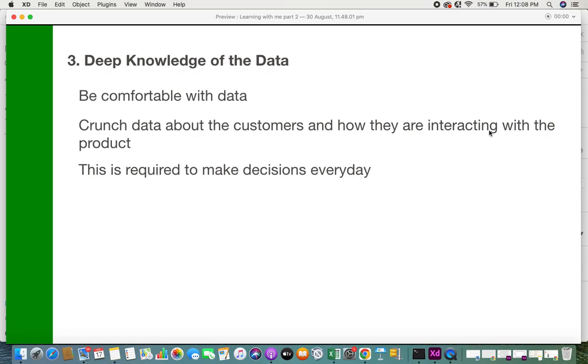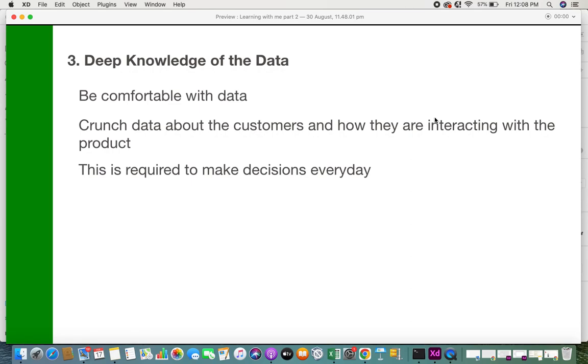Again, they need to make decisions every day, and some decisions are data driven as well. So in order to take those decisions, you need to understand the data that's coming in. So practically every day you would see product managers sitting down, analyzing their data, what's happening in the past maybe 24 hours, things like that, and they are making decisions.